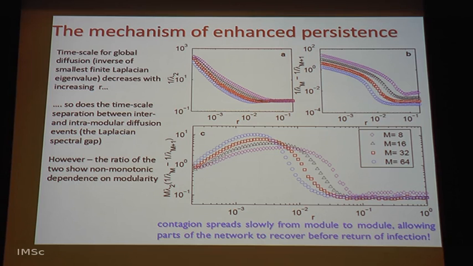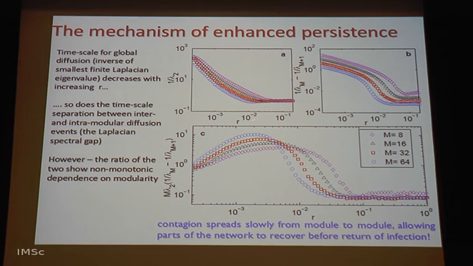So this is a global time scale. In a modular network, two time scales are involved. Within a module, the epidemic spreads fast, but between modules, the epidemic spreads slowly. So 1 by lambda 2 is the global time scale, that is, through all the modules.